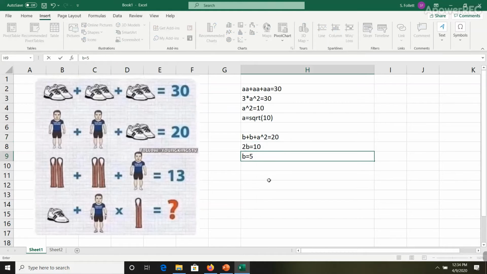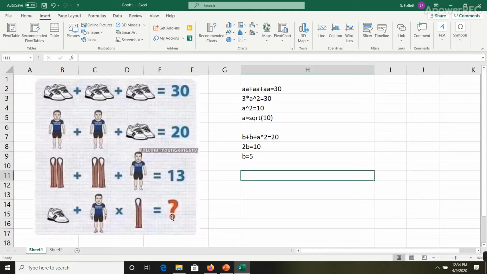Good. Now let's do this one down here. I'm going to call these little straps C. So I got CC plus CC plus B is equal to 13. Okay. So I know that B is equal to 5, so I'm going to subtract 5 from both sides.